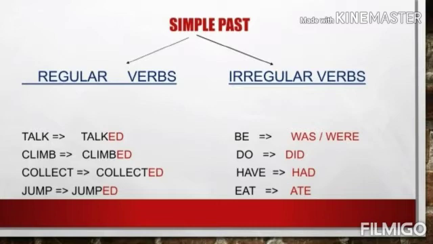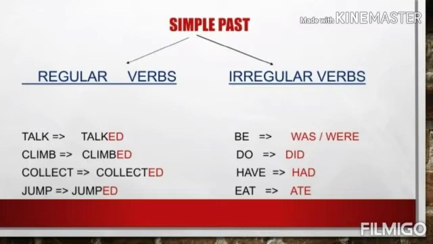It's irregular verbs. For irregular verbs, we don't add ed at the end. Those verbs, you should memorize them by heart. Let's start by the verb to be. What is simple past of verb to be? So the simple past of verb to be is was and were.